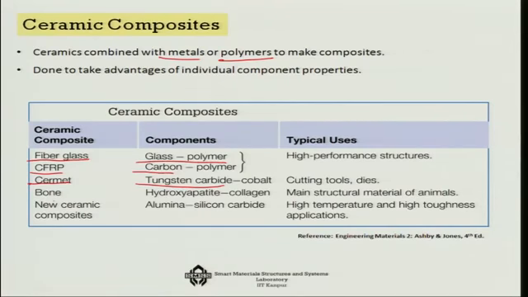Our human bone is one of the best examples of ceramic composites, where you have these collagen fibers. So collagen here works like a fiber, and hydroxyapatite works like a matrix. There are many new ceramic composites coming up, like alumina silicon carbide, which has high temperature and high toughness applications.